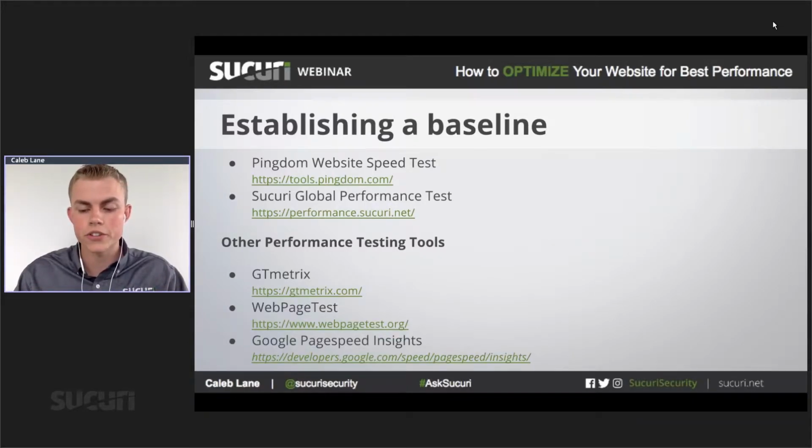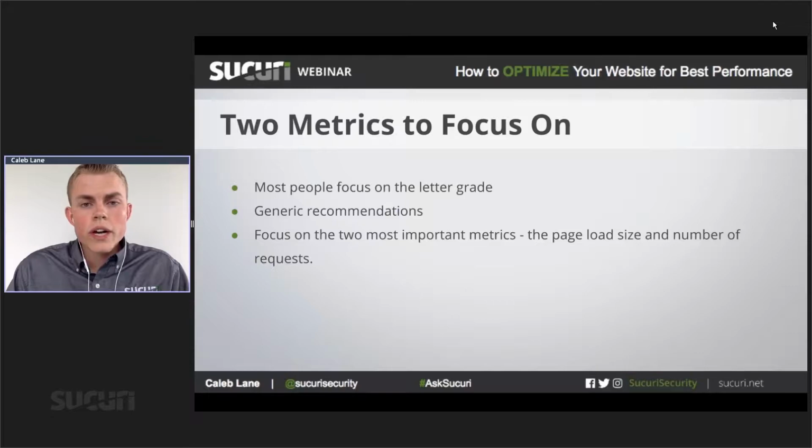So when optimizing your site for the best performance, generally people focus on the letter grade that these tools provide. I don't recommend focusing on that as much. It's definitely a factor that you should look at, but it's not the main factor that I consider when optimizing a site for performance.